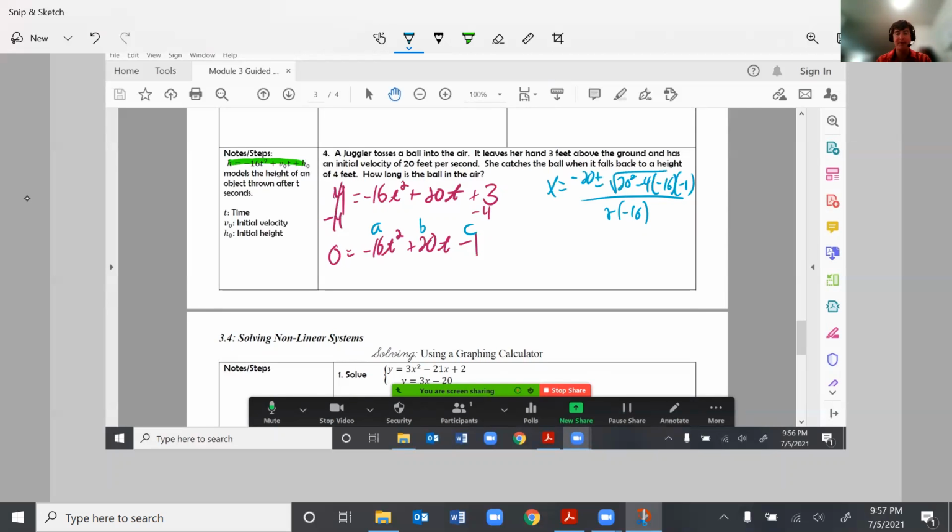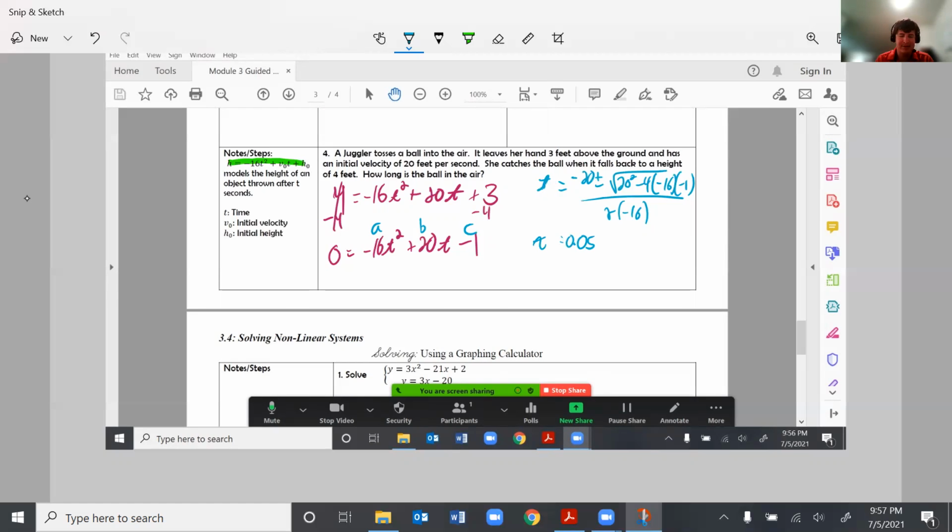And let's just find out what happens. So negative 20 plus the square root of 20 squared minus 4 times negative 16 times negative 1, all over negative 32. So I got x is equal to, or I guess in this case it's t, right? So my time is equal to 0.05.